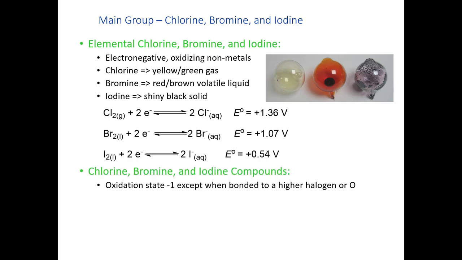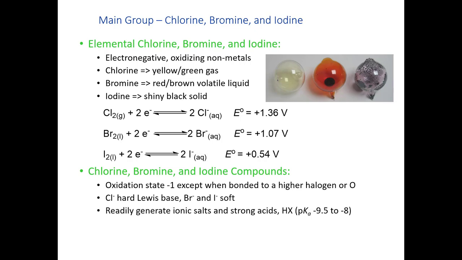The most common oxidation state for the halides is -1 due to their high electron affinities and high ionization energies. The only time positive oxidation states are adopted is when they are bonded to oxygen or a halogen higher up in the group. Chloride is considered a fairly hard Lewis base, while bromide and iodide are considered quite soft.